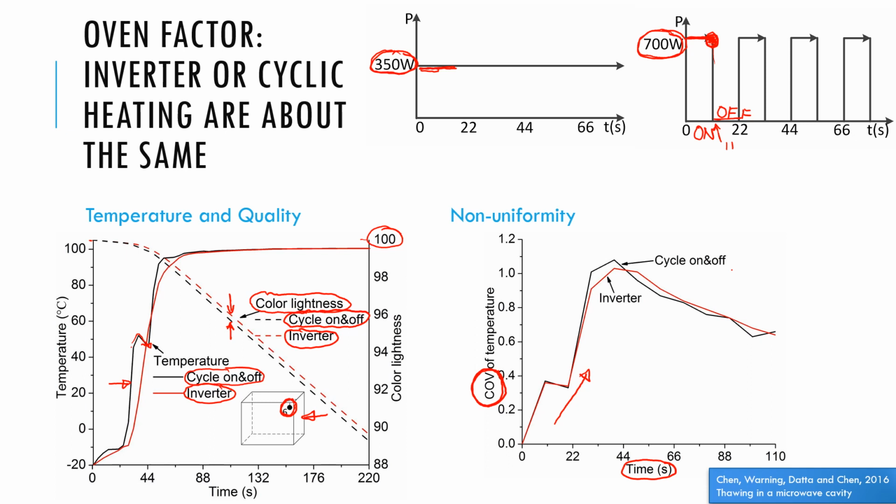So the temperature difference between two locations would keep increasing, which means the non-uniformity would keep increasing.